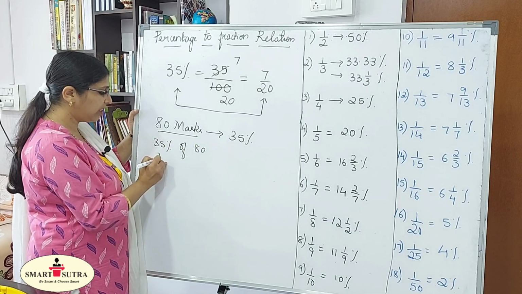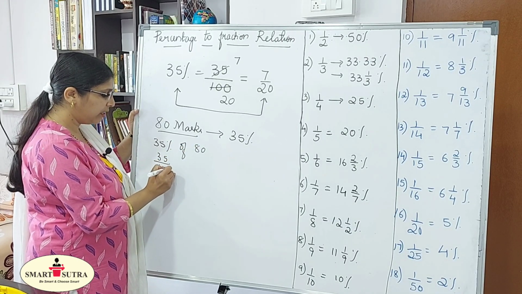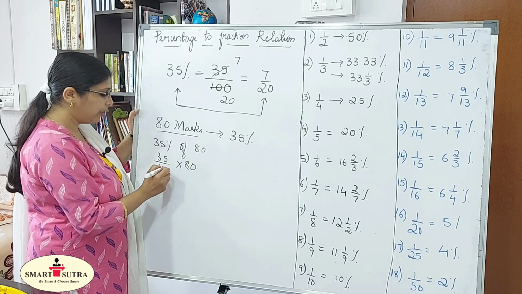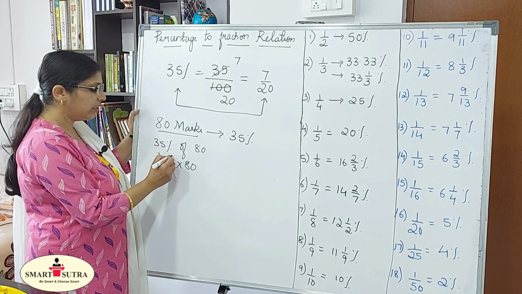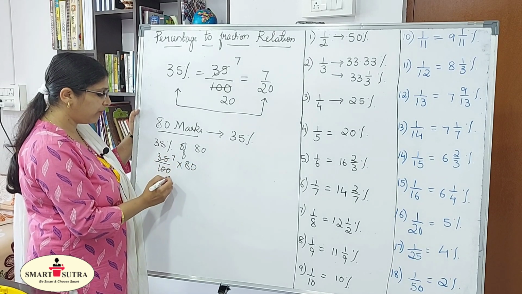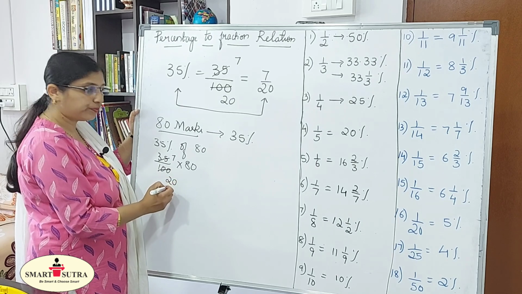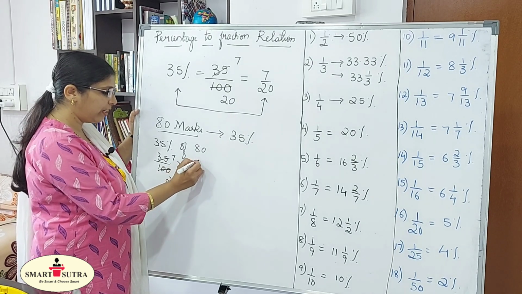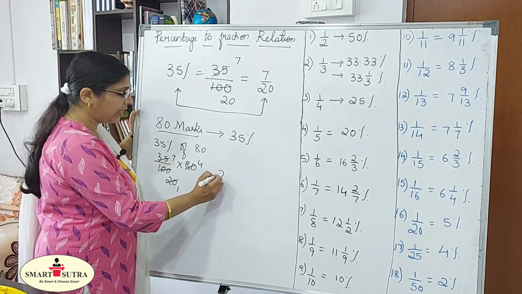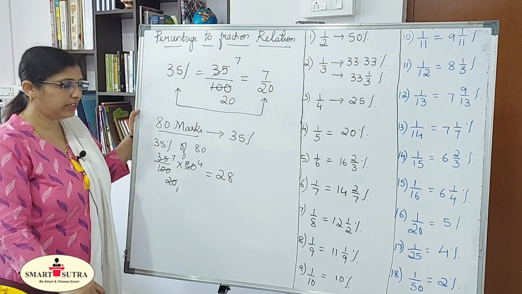That is nothing but 35 by 100 into 80. When we cancel it, 5 7s are 35, 5 20s are 100, 20 4s are 80, so 7 4s are 28, isn't it?